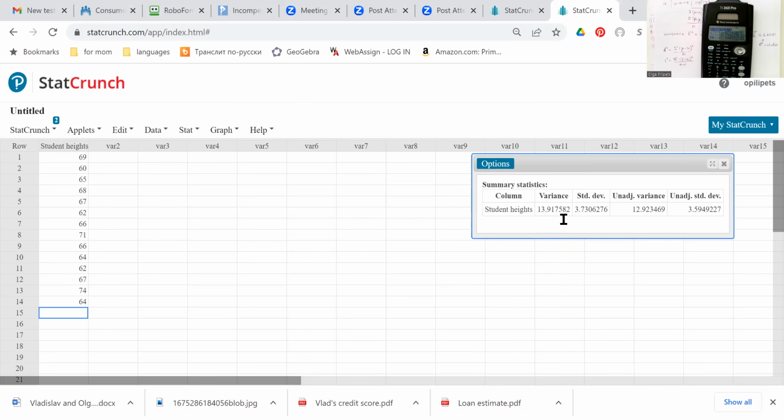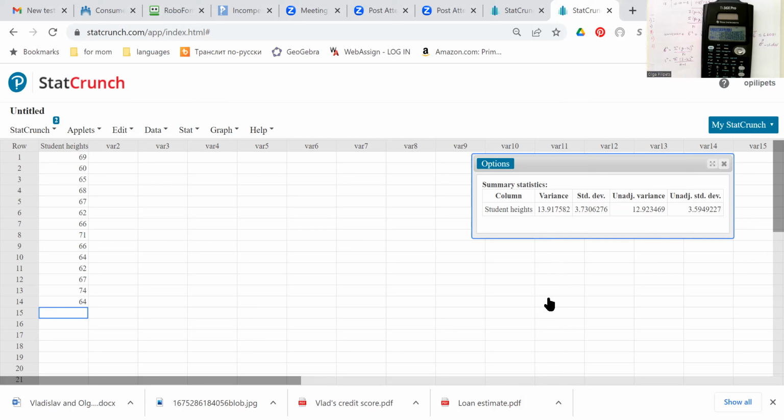So again, we have our values of a standard deviation of 3.7306, just like on the calculator, and 3.5949, again, just like sigma x on your calculator. Again, just a reminder, these values have nothing to do with the example that we just did in this video.